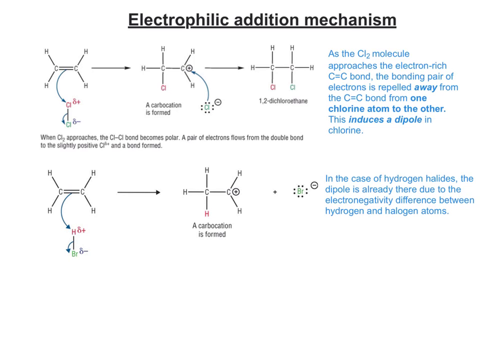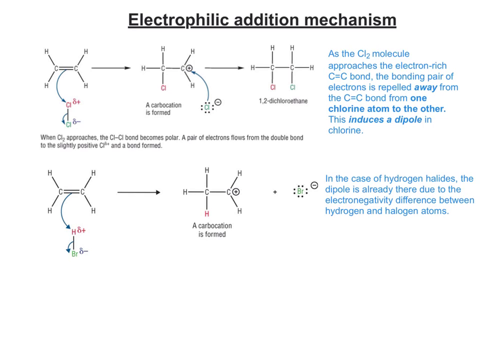So the next thing to happen is, I'm looking at the bottom one now, you've got a carbocation that's been formed. You'll see that the hydrogen in red is basically the one that came from the hydrogen bromide. So now you've got your bromine or your bromide.